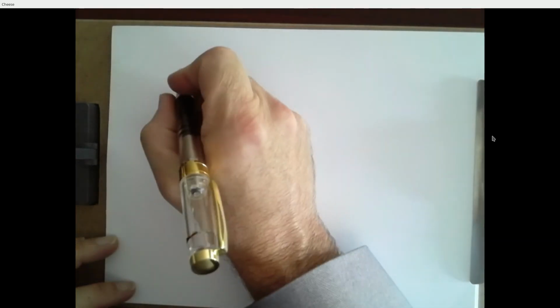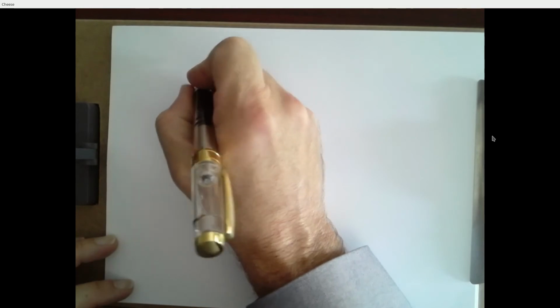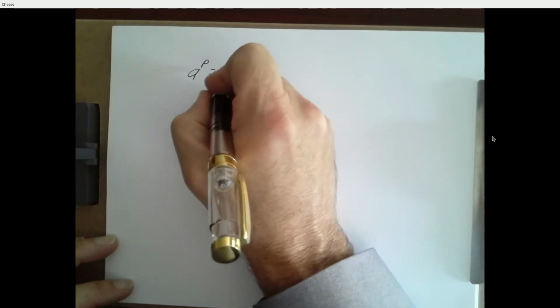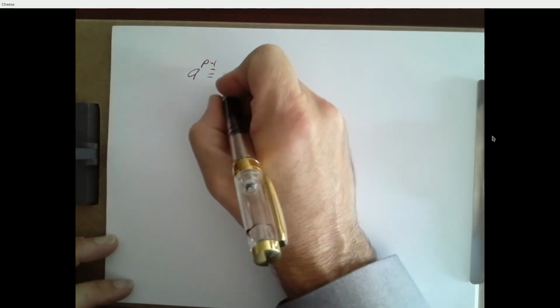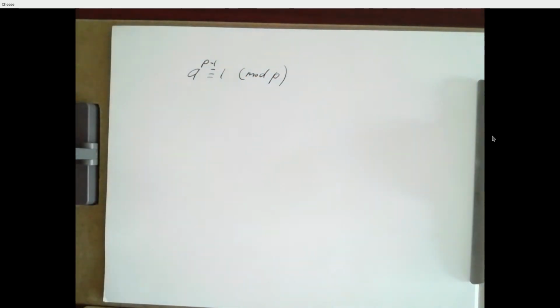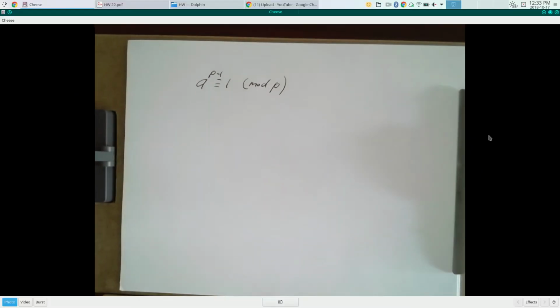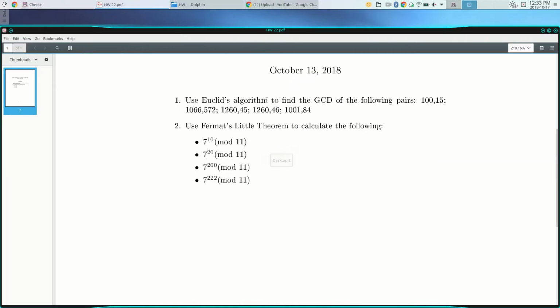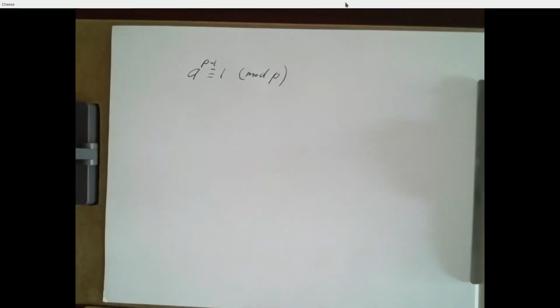So I'm going to start writing. So the basic setup for Fermat's little theorem, we have a prime number, and we have a number that is not a multiple of our prime. Okay, because if it's a multiple, it's not very interesting.